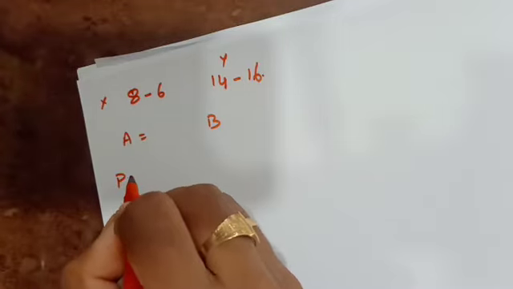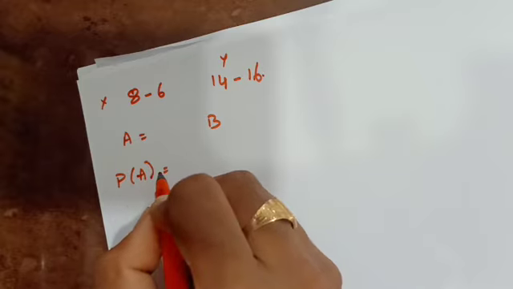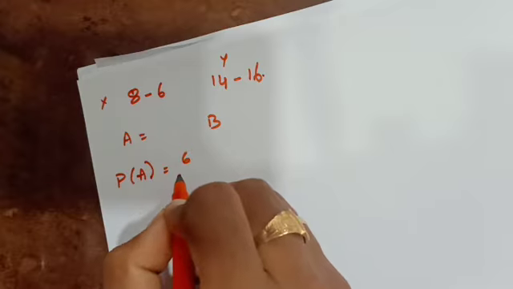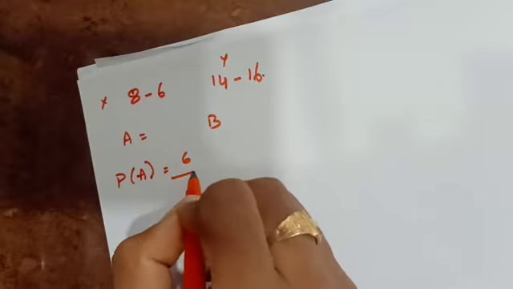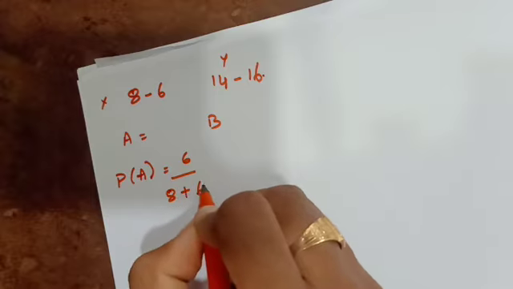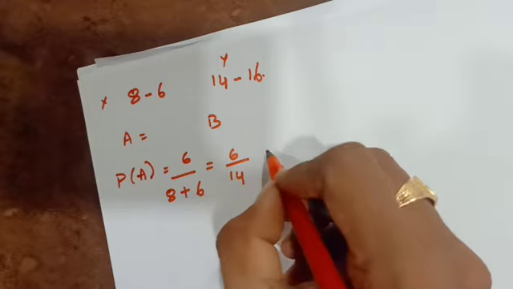So let us look at P of A. 8 to 6, so 6 by 8 plus 6, that will be 6 by 14.